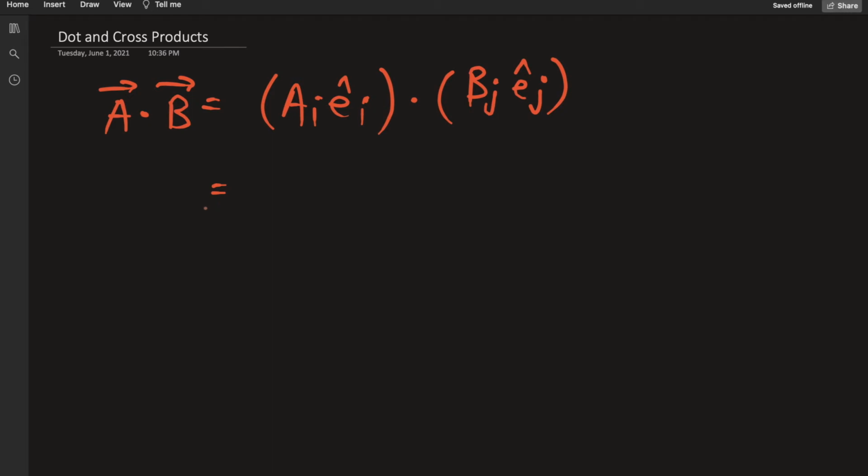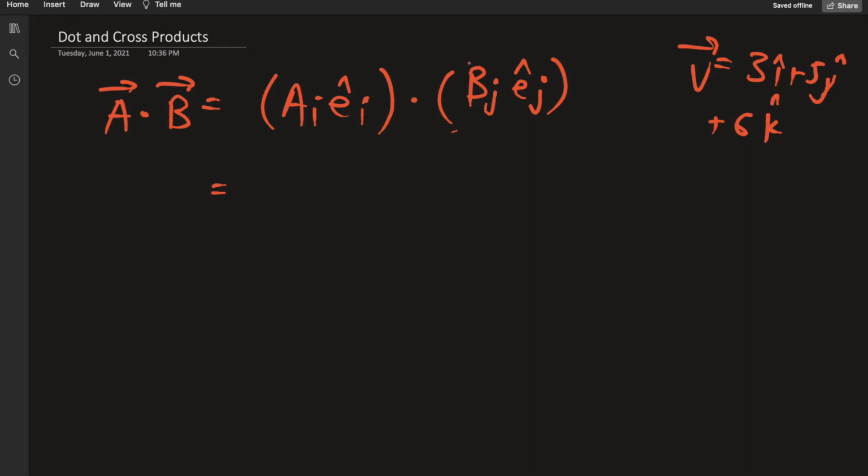And notice that Ai and Bj are just scalars, because any vector is, for example, let's say, 3i plus 5j plus 6k, where 3, 5 and 6 are basically Ai and Bj, or equivalents of them, and you notice they're just scalars.